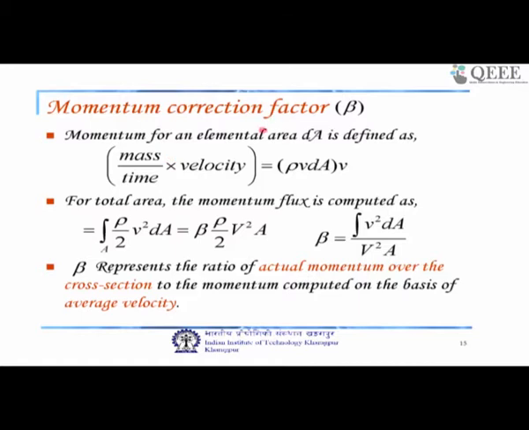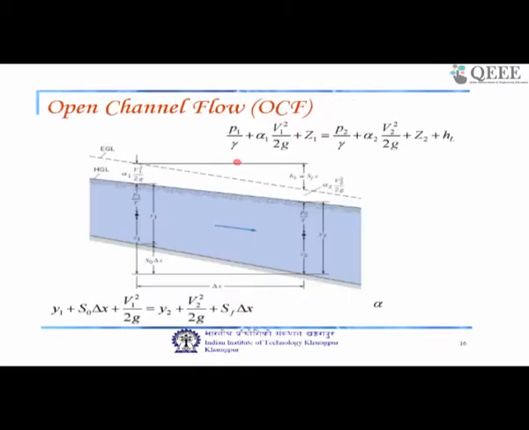Similarly, we can correct the momentum, in this case m into v, and beta is the momentum correction factor, where this beta represents the ratio of actual momentum over the cross section to the momentum computed on the basis of average velocity. Now, we will talk about this open channel, and let us define different terms.